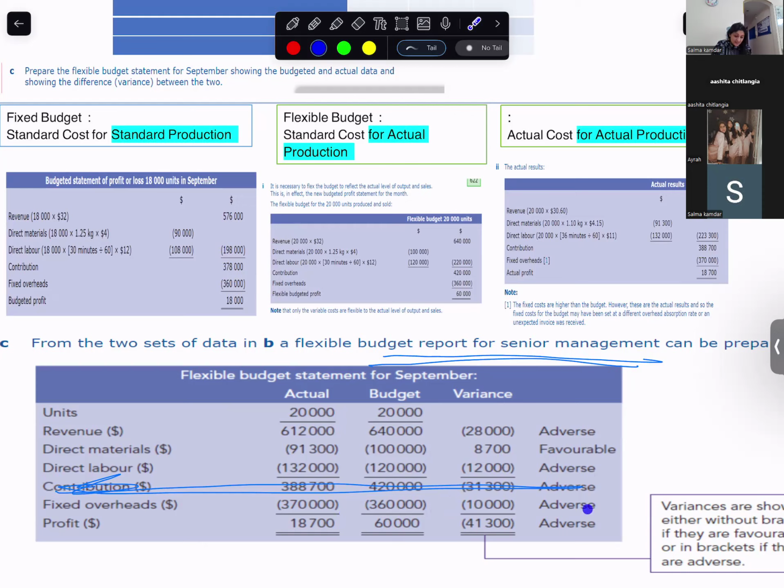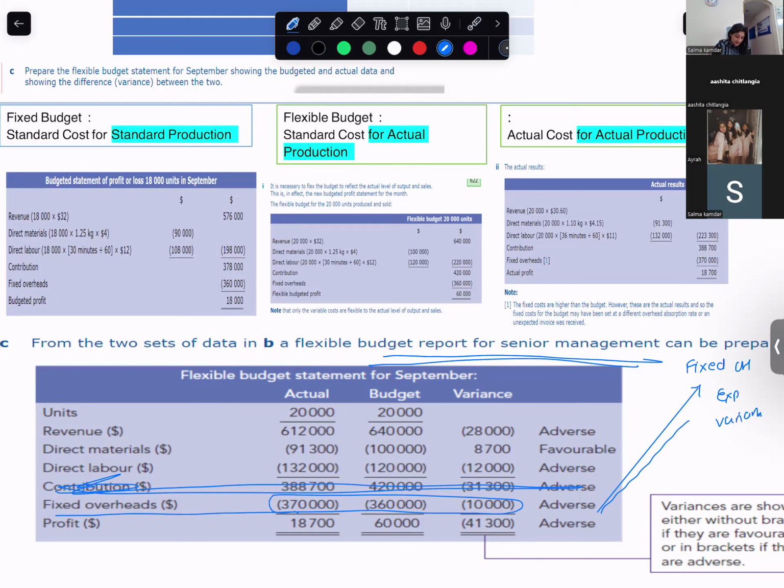Adverse. Can you give me the name of this variance? It's fixed overhead expenditure variance.